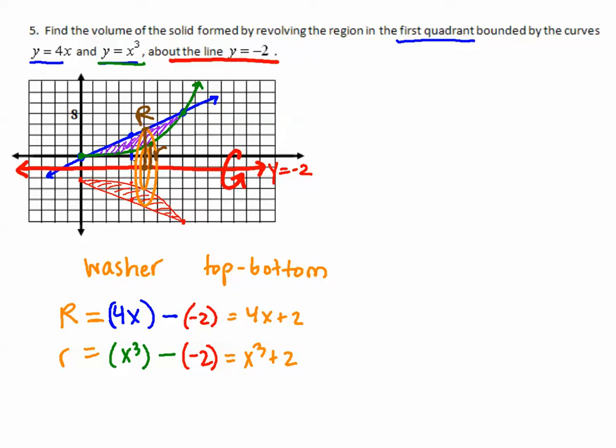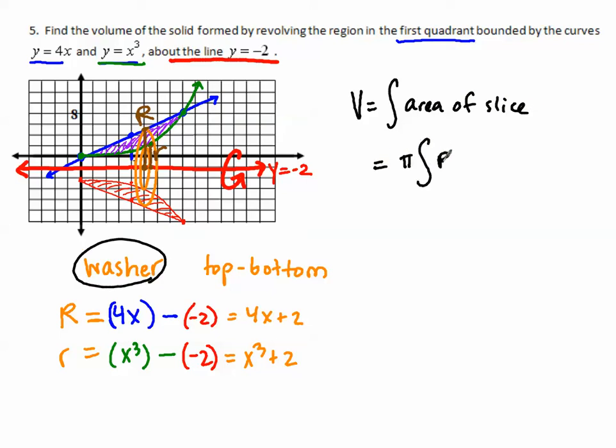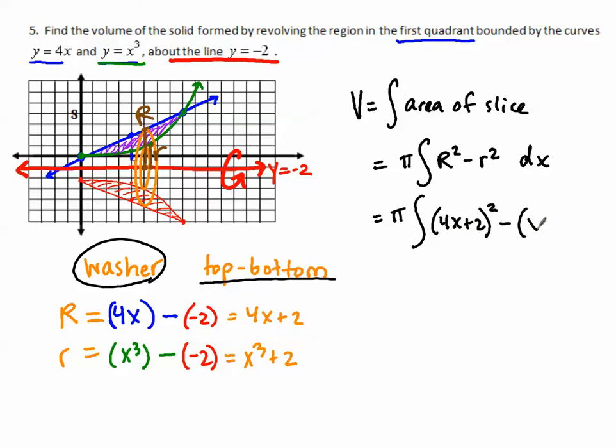Now let's recall that volume is the integral of the area of the slice. And if we know that our slice is a washer, then we're going to be saying pi integral of big R squared minus little r squared, and we know we're doing top minus bottom, so that's with respect to x. So we've got pi, big R is 4x plus 2, little r, x cubed plus 2.